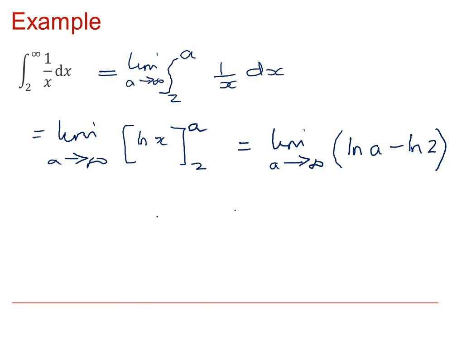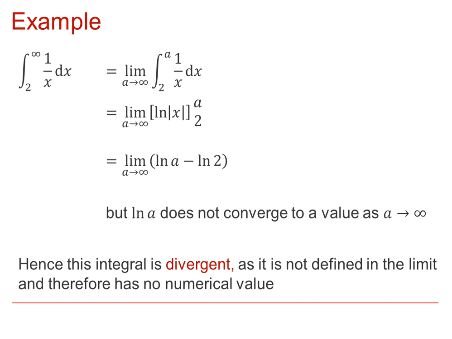However, as ln a does not converge to a numerical answer as a tends to infinity, this is not defined. Hence, this integral is divergent, is not defined in the limit, and therefore has no numerical value.